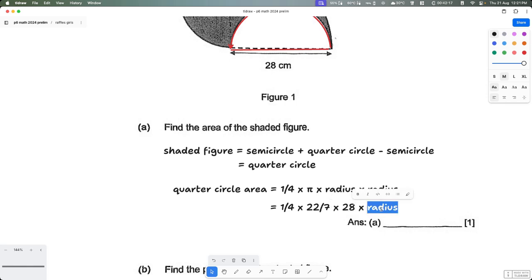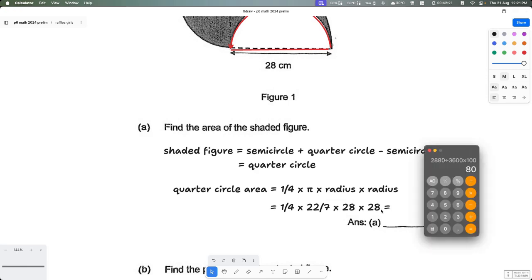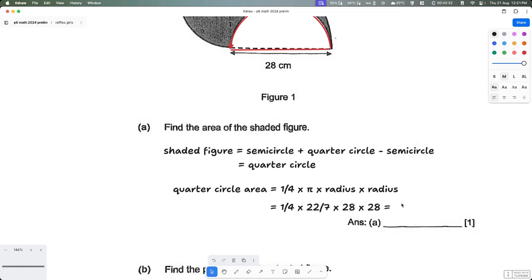Let's use the calculator: 1 quarter times 22 over 7 times 28 times 28. Okay, and this will give us 616 centimeters square. There you go. So the answer is 616 centimeters square.